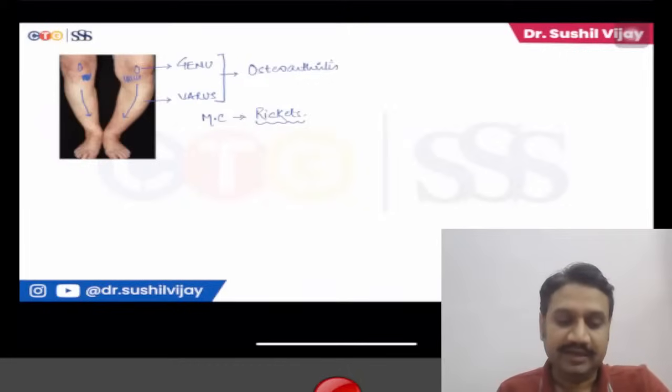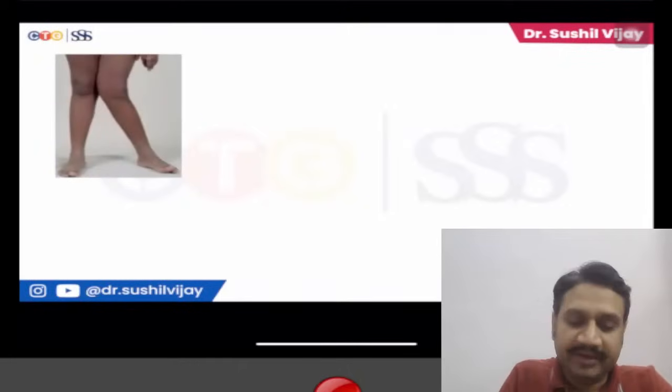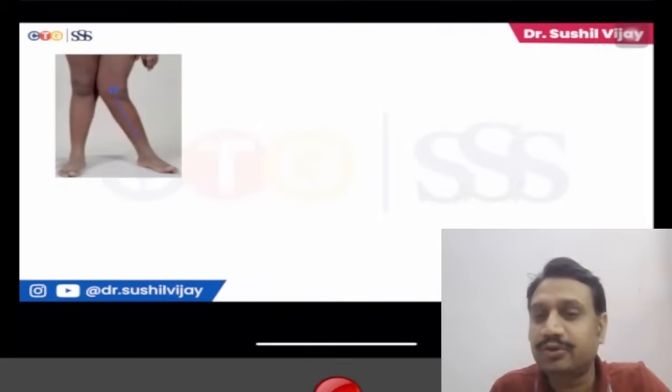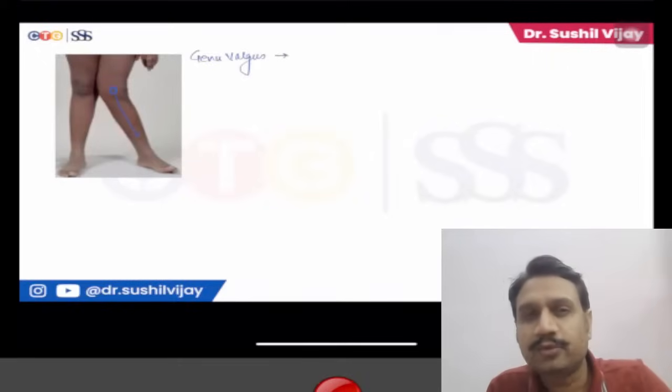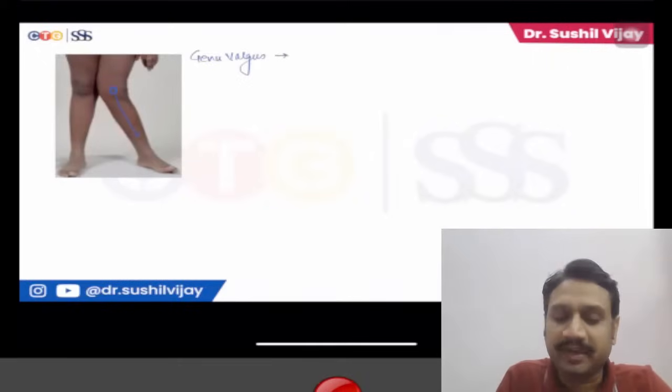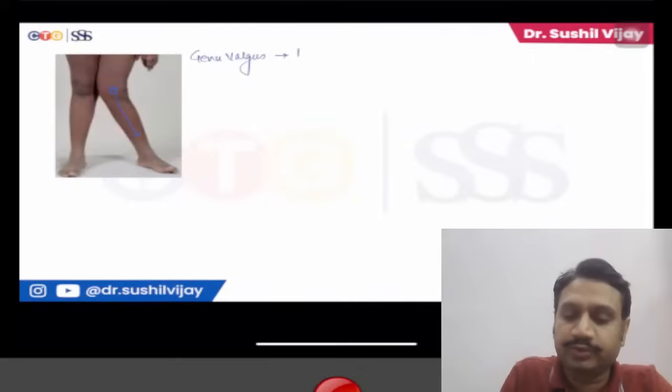Absolutely correct. And in this one, if we can make out the knee area and the leg is going laterally, it has to be called valgus, right? Where do we see genu valgus? Definitely in a child, it can be seen in relation to rickets, but where else can we see this kind of deformity? The valgus part can be in a child in rickets, and in an adult, where can we see that?